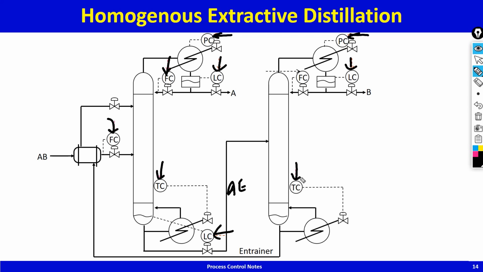And now we start thinking, okay, what about this guy at this level? Okay, so let's look at what we do with this level. We say, okay, we're going to control this level by adjusting the bottoms flow. This is actually the bottoms flow. This is all flow through one pipe.